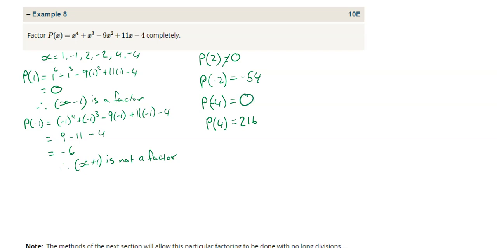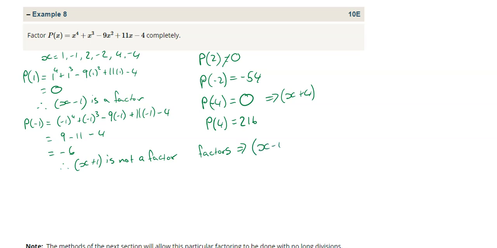Okay. Now we've tested them all, and I have a quartic here, and I've only found 2 zeros. So x plus 4 is one of the factors.